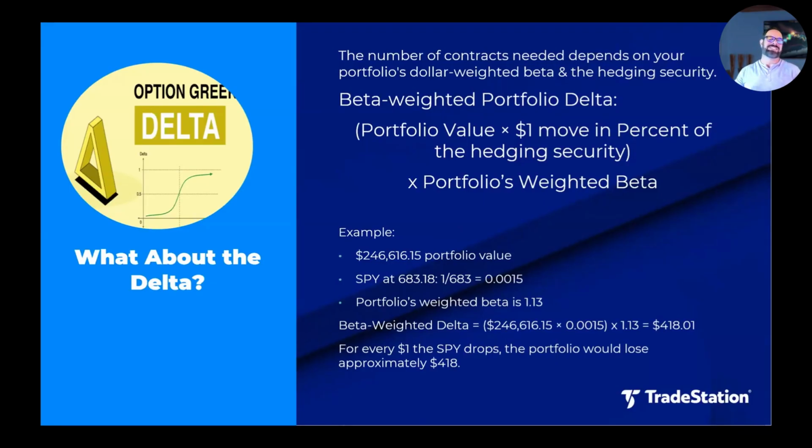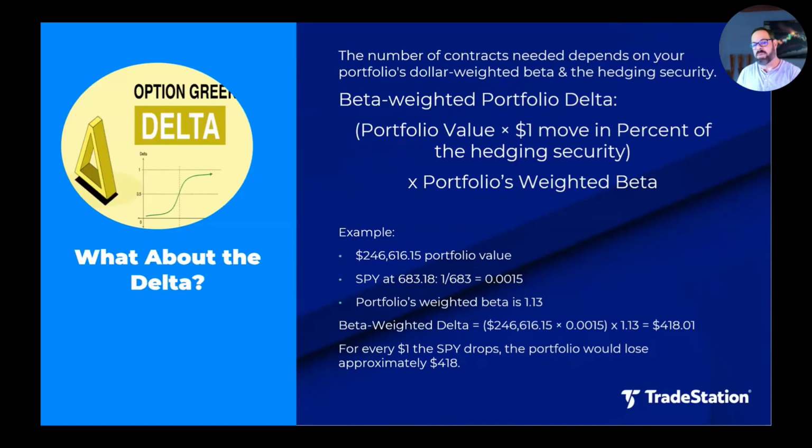So using that previous example, once again, we figured out that the portfolio had a value of $246,000 roughly. And the SPY was about $683 at that time when I did that recording. A $1, 1 point move on the SPY when it's valued at 683 is 0.0015%.